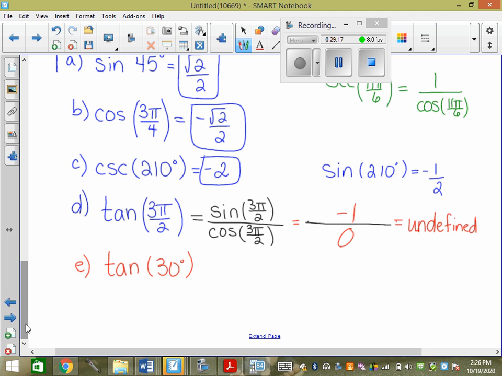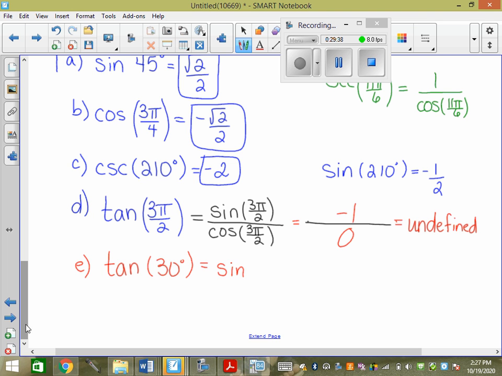Tan of 30. Tan is sine over cos. This was harder than the previous one.